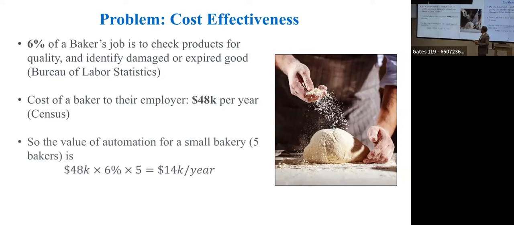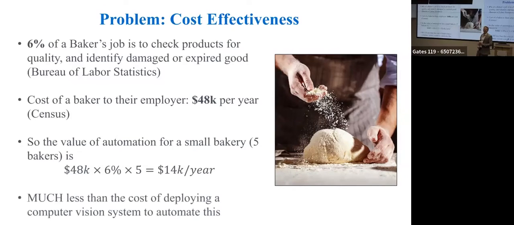You have a small bakery with 5 bakers, 48,000 times that 6% times 5 bakers, $14,000 a year. That is way less than it would cost to build a system to automate this for you. So yeah, it could be, but you wouldn't want to, right? So this job is maybe not as at risk, particularly in a small bakery, as it would be elsewhere.